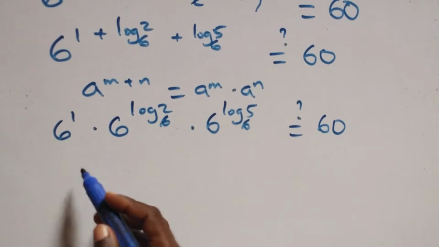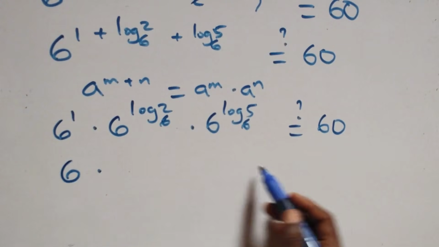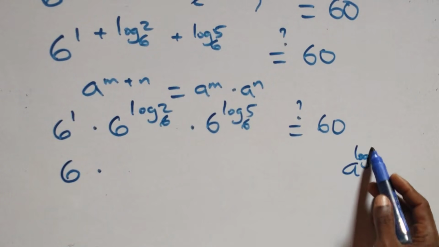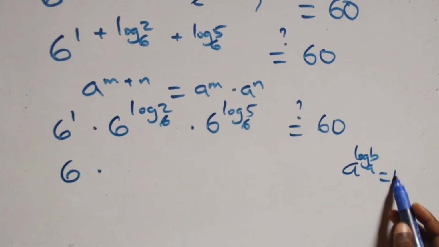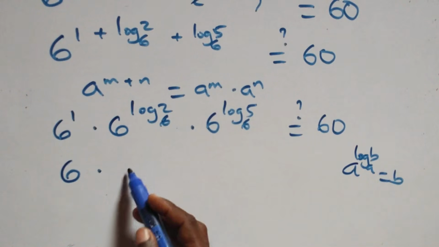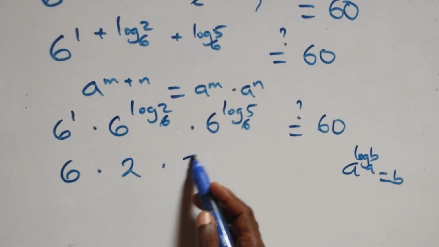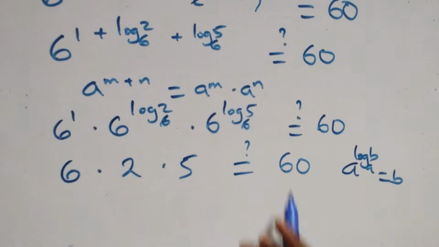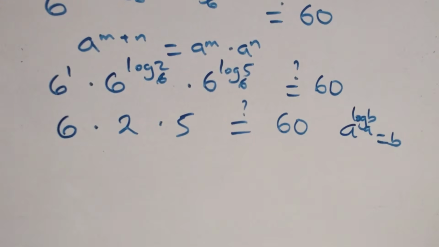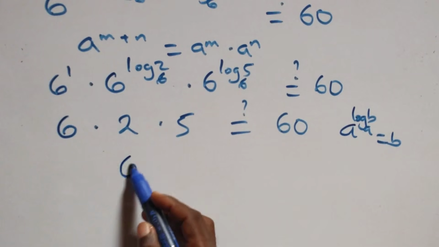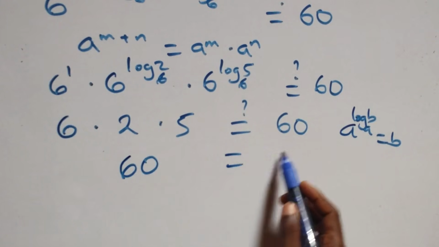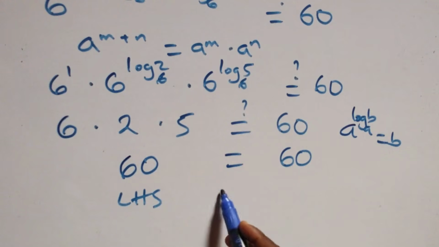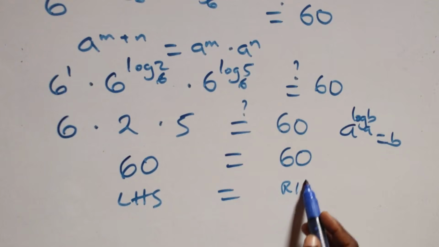Then 6 raised to power 1 is 6, times 2, times 5, since a raised to power log b to base a equals b. So 2 times 5 is 10, and 10 times 6 equals 60, which equals 60 on the right side. That is, the left-hand side equals the right-hand side.